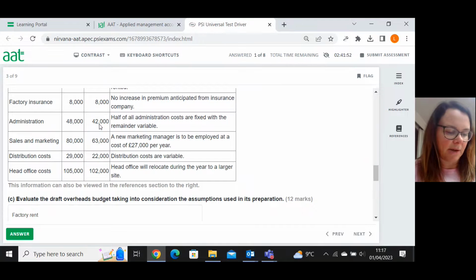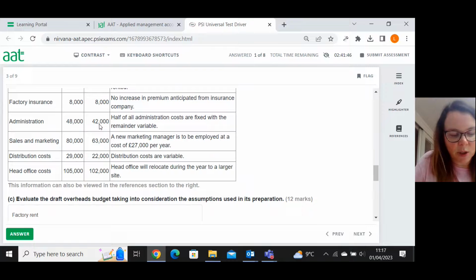Let me just work that out again. So where's my calculator? 21,000 uplifted by 15% gives me 24,150. And then if I add on the fixed bit, the 21,000, then that comes to 45,150. They've put in 48,000.